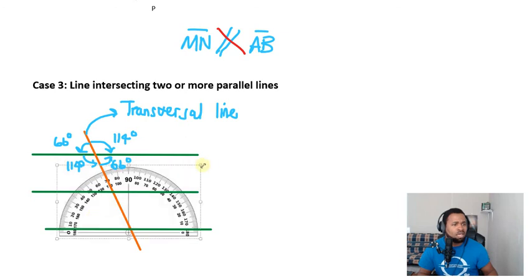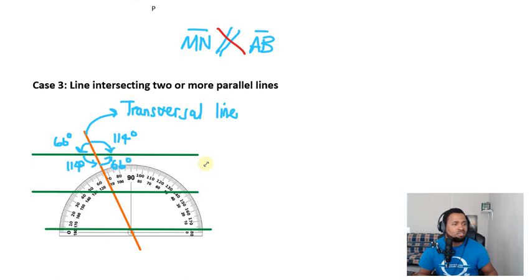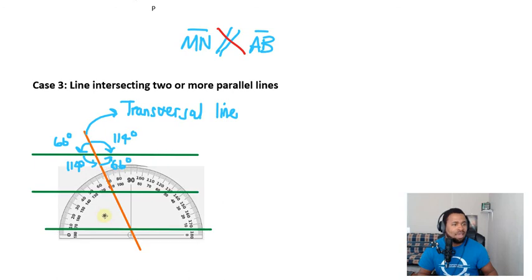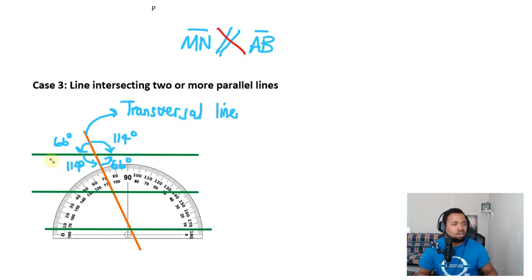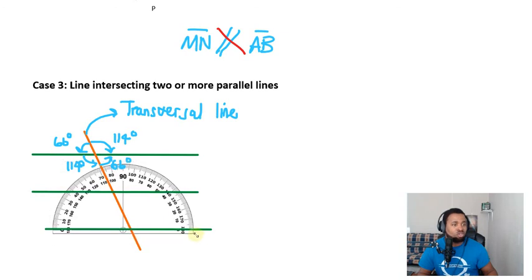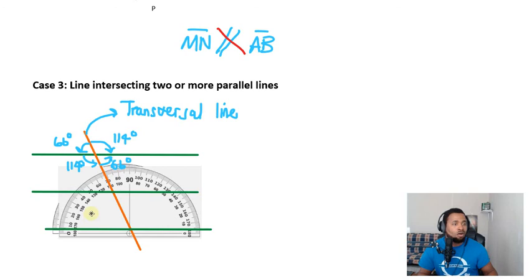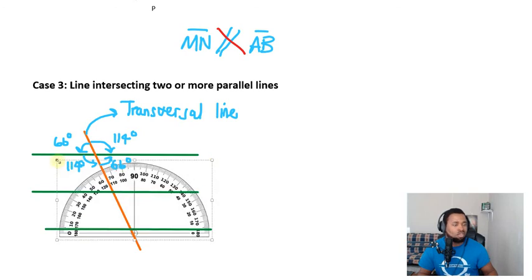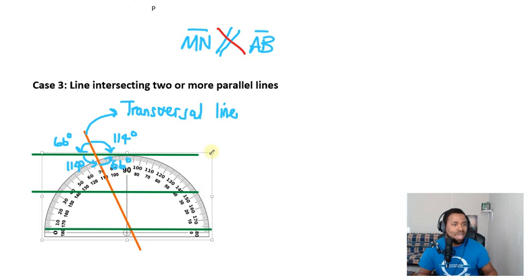And so in conclusion, this tells us that, hey, these lines here, the green lines, they are parallel to each other because they have the same angle distribution, which means they are all corresponding angles to each other. They all correspond to each other based on the angles.